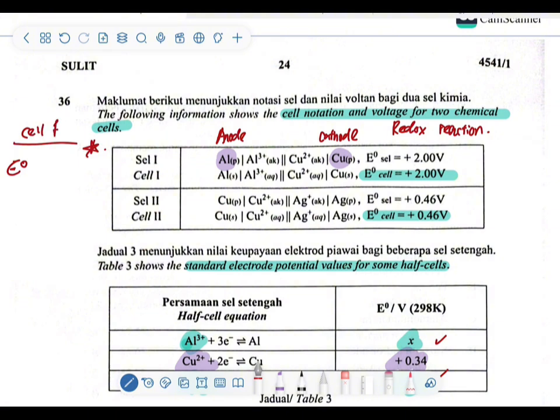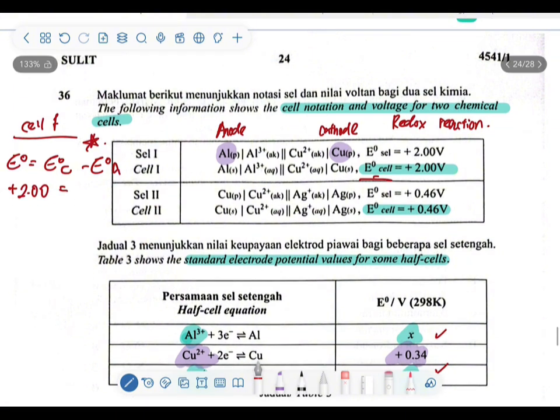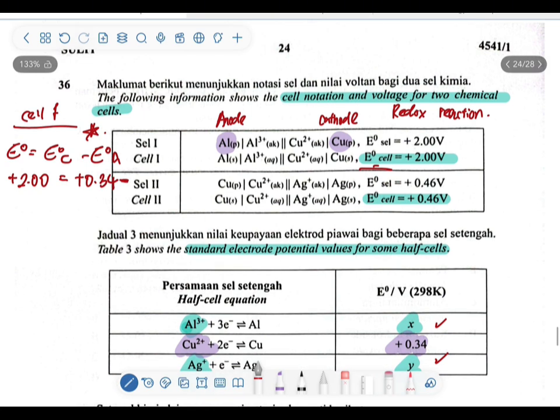So for cell 1, the E-value equals the E-cathode minus the E-anode. We have the E-value for the whole cell, which is positive 2.00, and then the standard electrode potential for copper is plus 0.34 minus the one with silver, which is our X. So our X would be plus 0.34 minus positive 2.